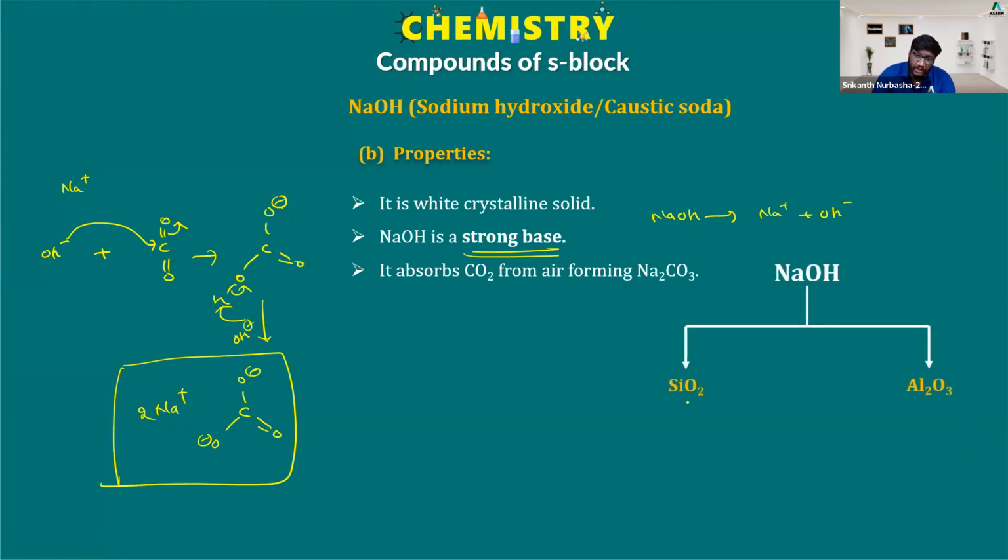NaOH reacts with SiO2 to form Na2SiO3, which is nothing but sodium silicate, and it also reacts with Al2O3.